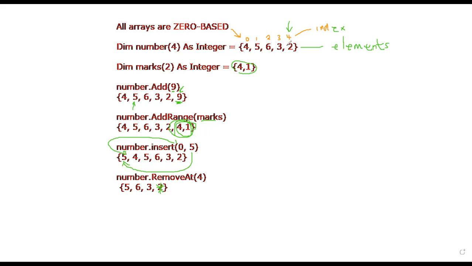It is the insert, that is when you specify the location where you want to place the element. That's where you use the index. So let's say the same exam hall scenario.